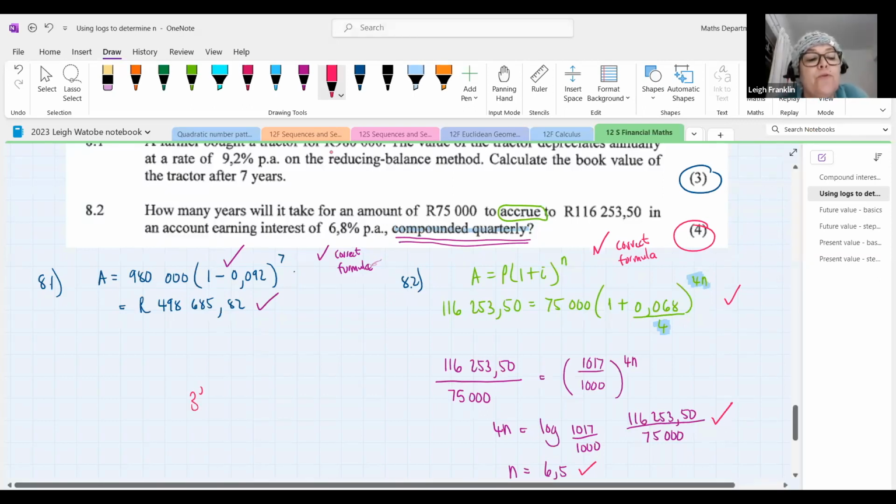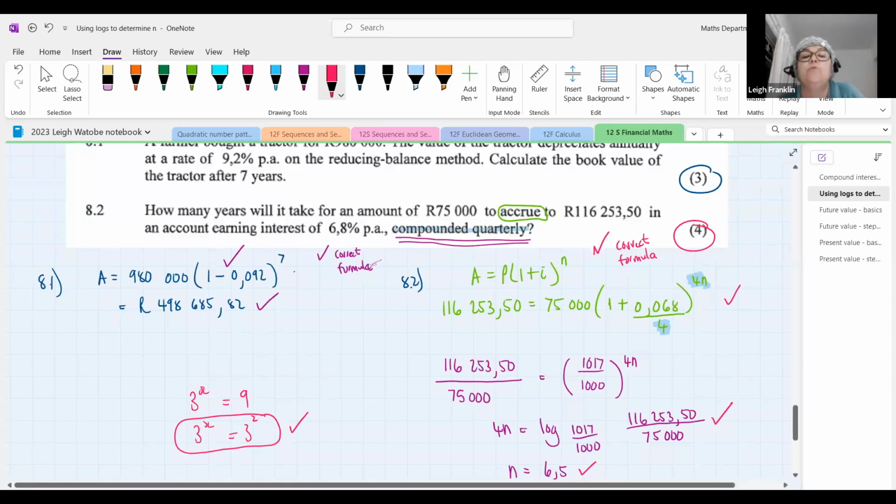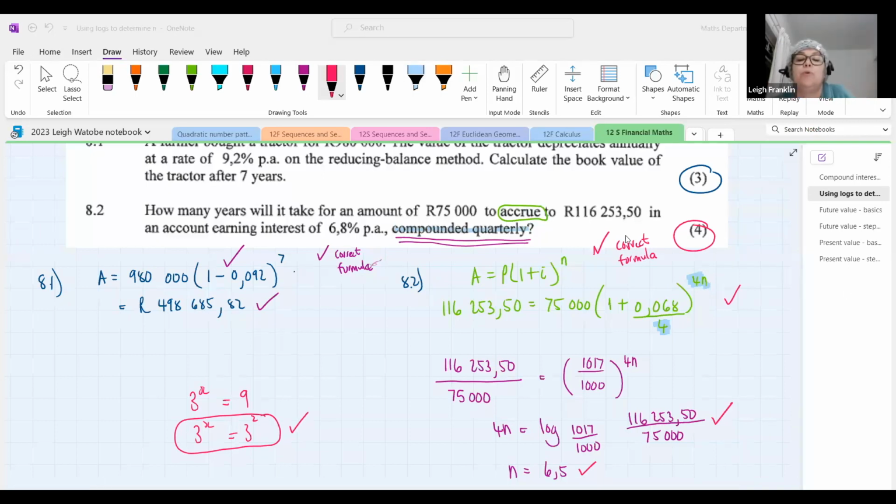So if you've got 3 to the x equals 9, and you write 3 to the x equals 3 to the power of 2, it's the same mark that you would get for that line that you would get for the logs. So you can't make the bases the same, so you're using logs instead. Just like you've got to show making the bases the same, you've got to show that you've worked with the logs. Okay, you must show that step.